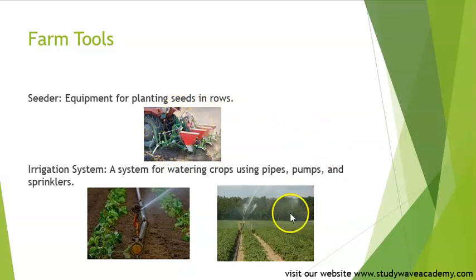Then we have the irrigation system, a system for watering crops using pipes, pumps, or sprinklers. So this is an irrigation system. Okay?